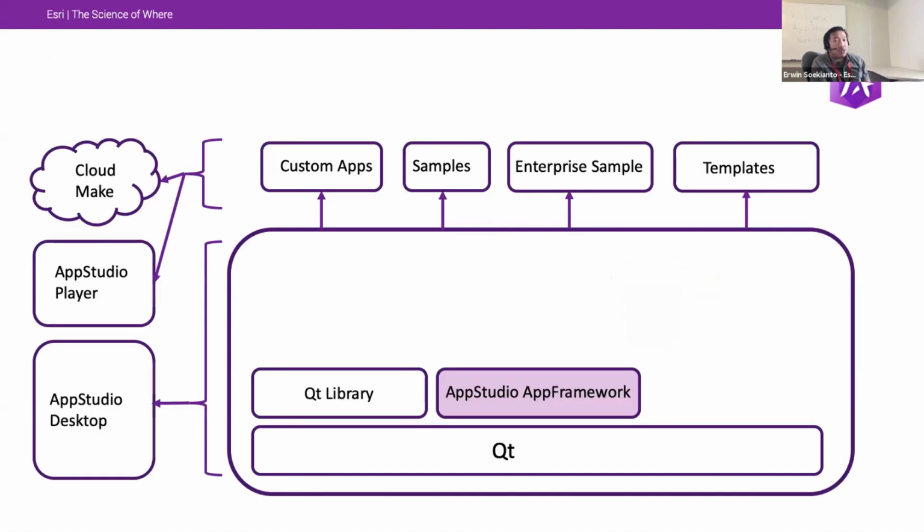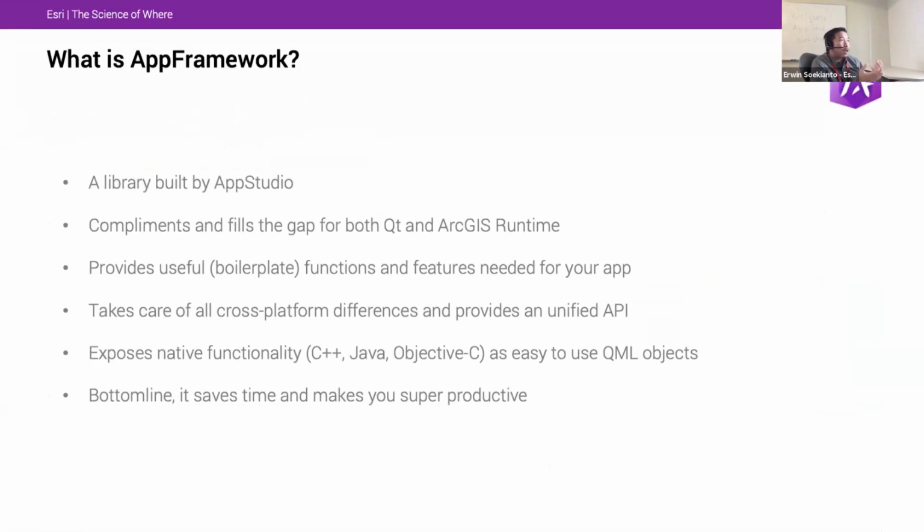And then the next one that we want to talk about is the AppStudio AppFramework. This is the library that we create. The AppStudio team here in Redlands and Melbourne are working to create the AppStudio framework. What is the AppStudio framework? The way we describe it is the gap between what Qt gives us. We use Qt to do the user interface and all of the libraries that they have, but we felt that there were missing things between what Qt provides and what ArcGIS Runtime provides.